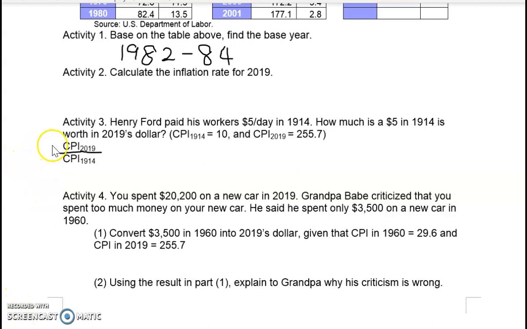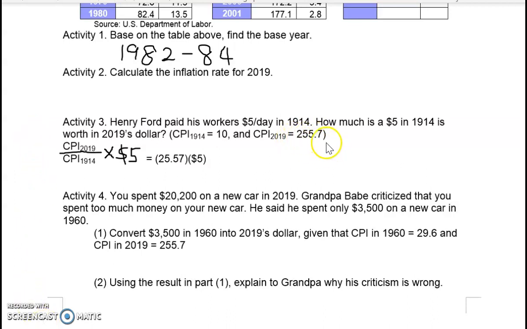So maybe we can solve it this way. First of all, we divide CPI 2019 by CPI 1914. Why is that? See, if we divide it that way, we can find out how many times price level had increased. Because for the fixed basket of goods, price level keep increasing, right? And then we multiply by $5 because back then we used that $5 to buy the amount of goods.